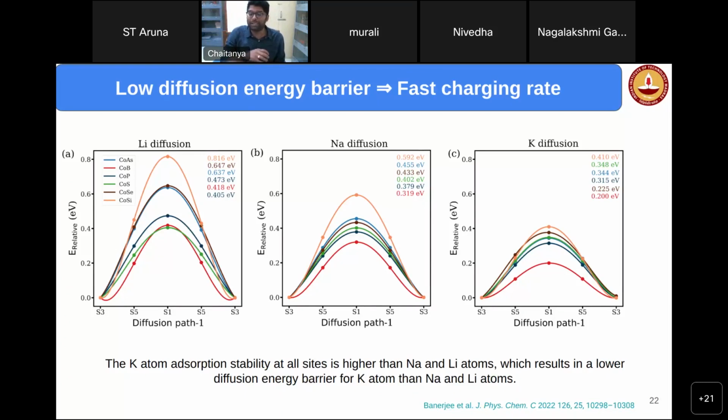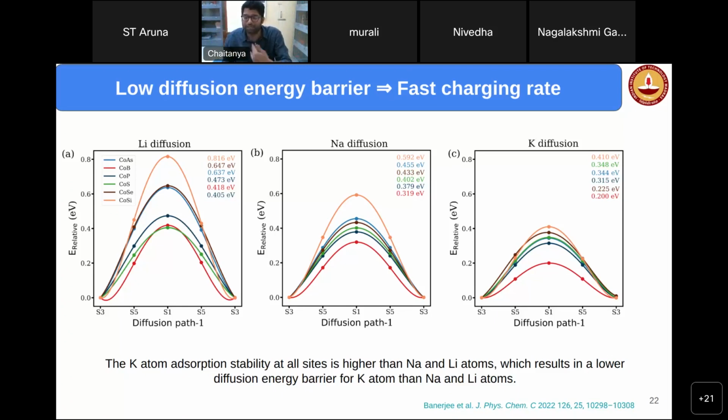Whereas for migration, you do not need all that energy to remove this atom completely. What you need is to move from one site to the next site, or even intermediate sites. So, since the difference between the energies of two sites, let us consider the S3 site and S1 site, if the difference between the S3 site and S1 site is small, then the amount of energy required to migrate on the surface will be less.